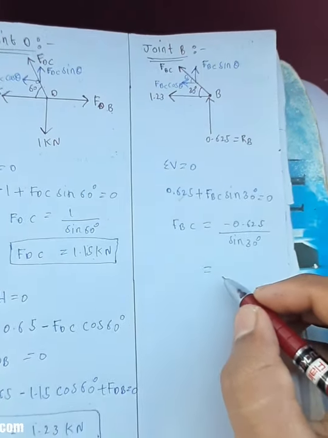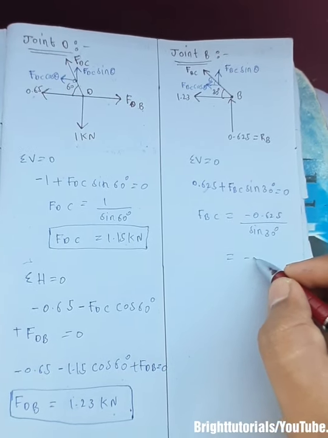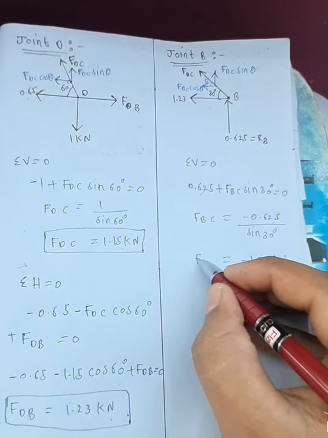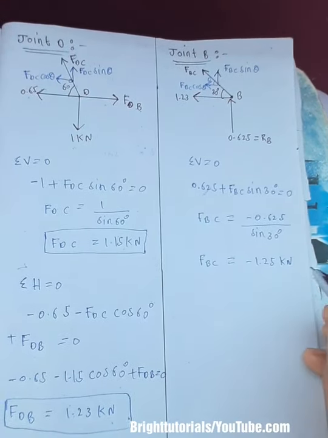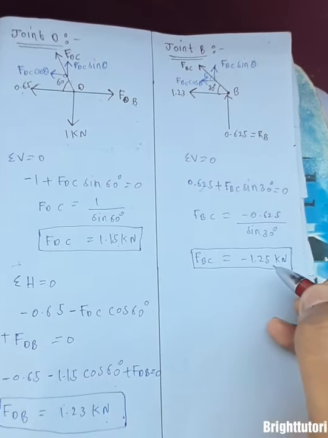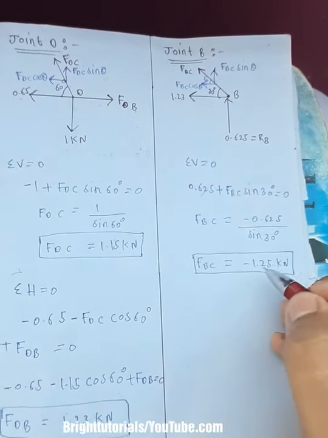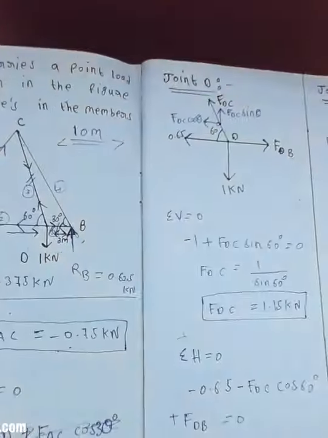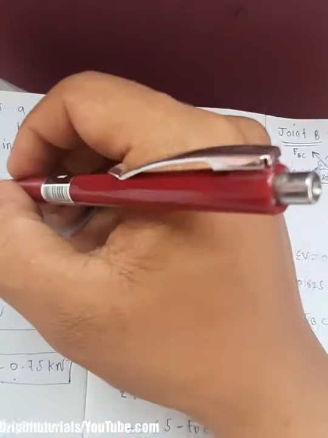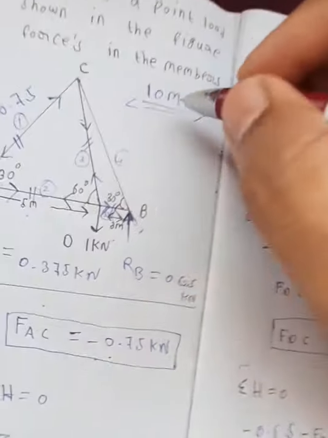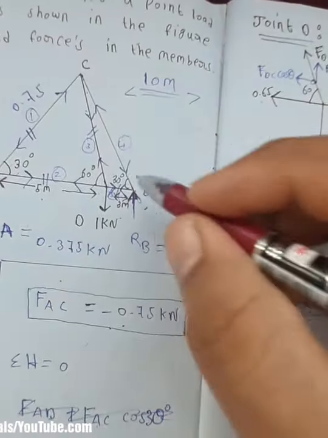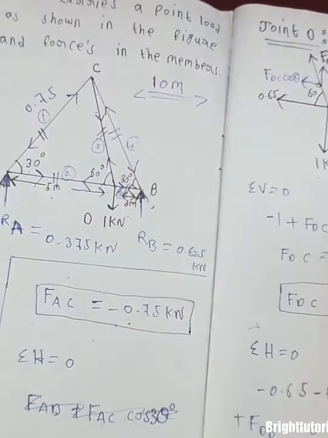So the answer of FBC will be minus 1.25 kilonewton. So we have successfully found the force in FBC. The value of FBC is minus, that means it is a tensile force. The tensile force is represented like this. So we have completed this member also.